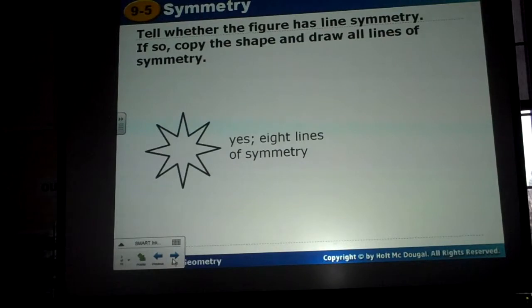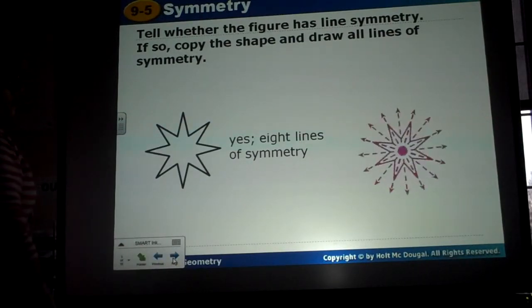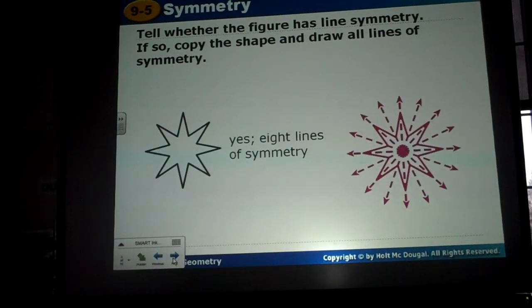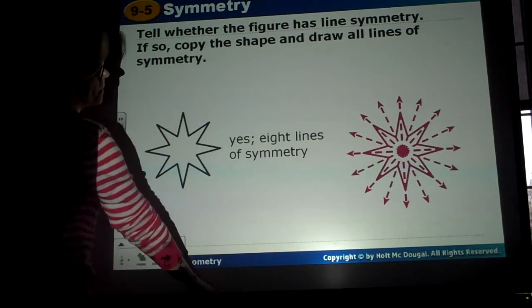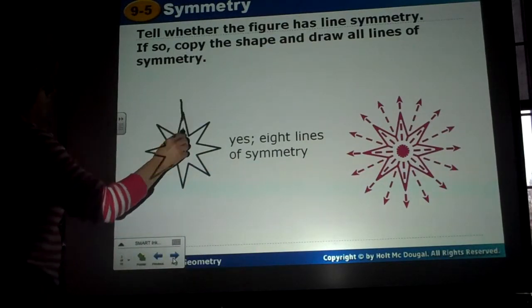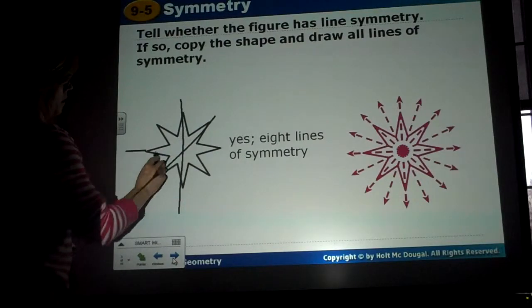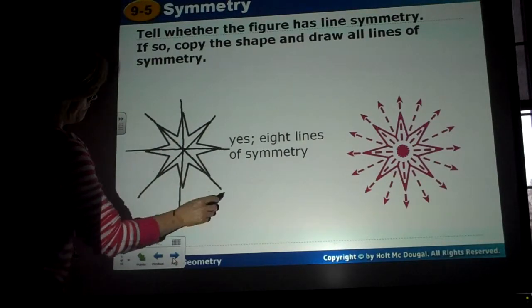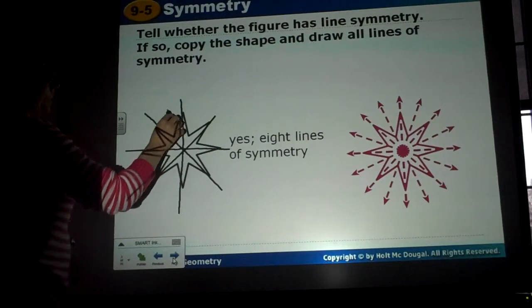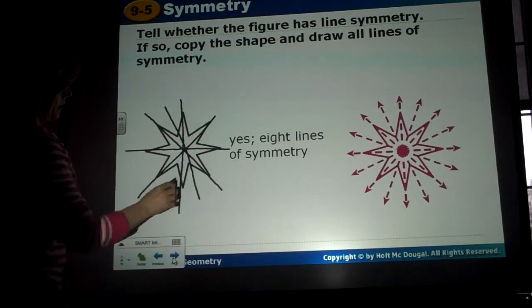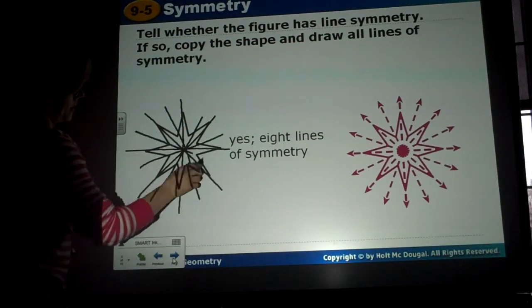The answer is yes, and there are 8 lines of symmetry. Okay? So you've got 1, 2, 3, 4, and then you've got 5, 6, 7, 8.